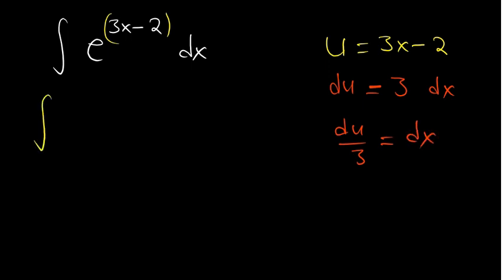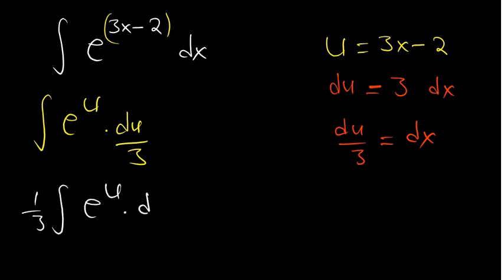So if we proceed, we have an integral of e to the power u, and then for our dx we have du over 3. We can pull out our 3 which is on the bottom, so 1 over 3, and then we have e to the power u du.